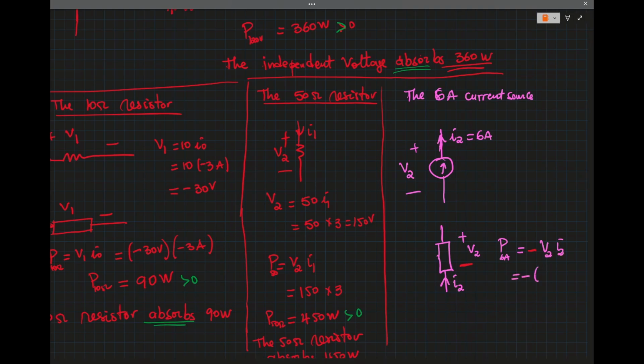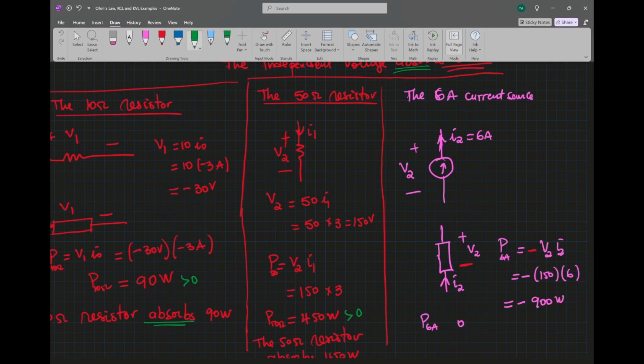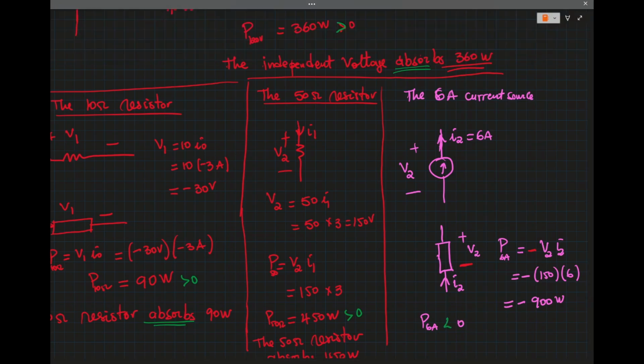So minus V2, which is 150 volt, times I2, just 6 amps, that will be negative 900 watt. So P is less than 0.